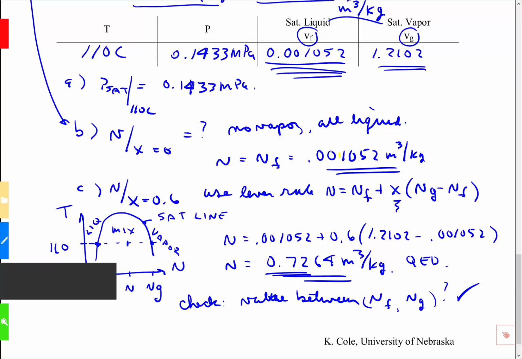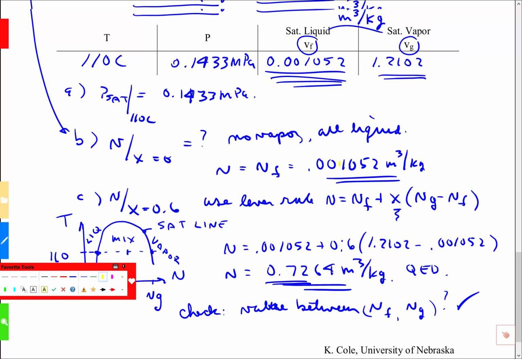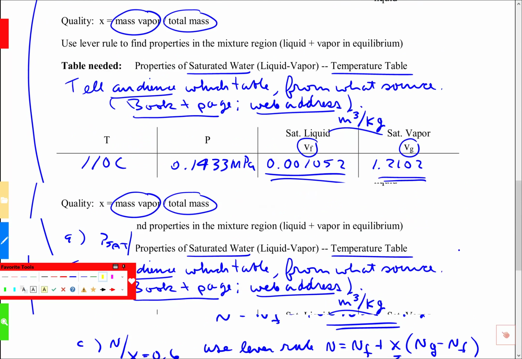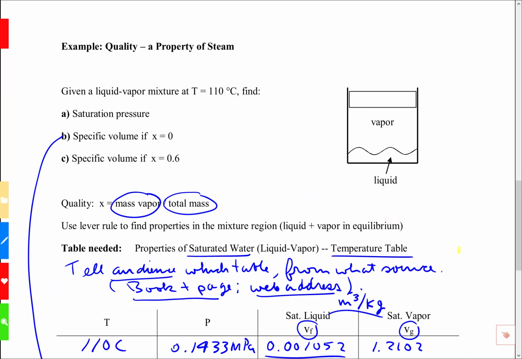All right, let's recap. In this example, we're asked to study a mixture region problem at a given temperature, so therefore we're going to use a temperature table, and be sure to tell your audience which table.